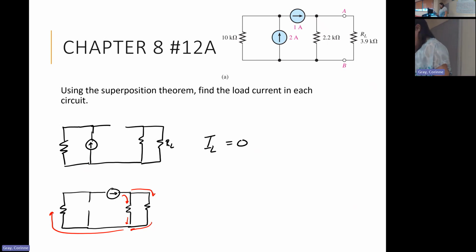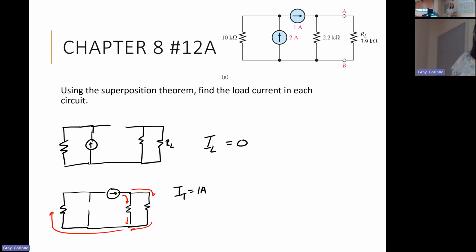So in this case, do we know the total current that is coming from this source? Yes. What is it? 1. So in this case, IT is equal to 1 amp. So we don't need to actually go through and solve for that. That is what is being supplied by the current source. So we don't have to solve for that.